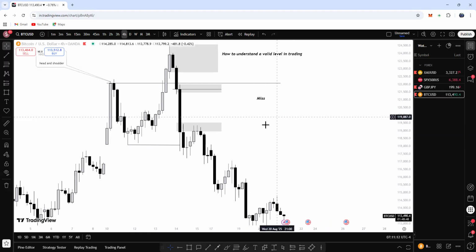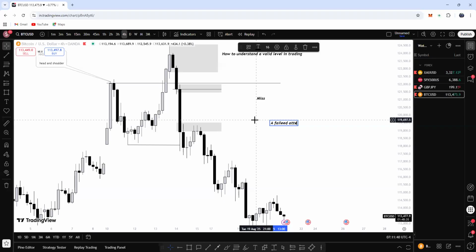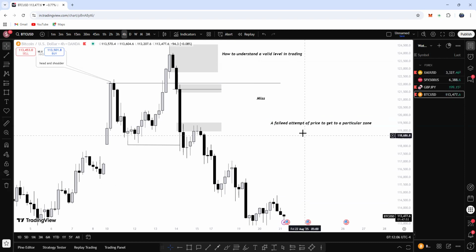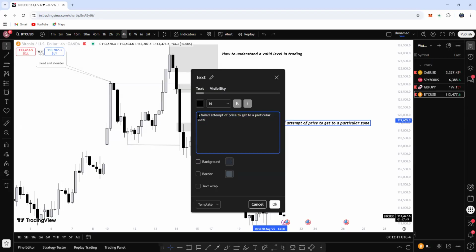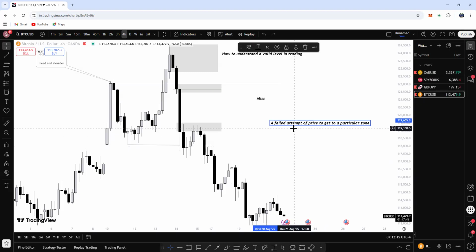Miss is a failed attempt of price to get to a particular zone. So this is miss, sorry. It means a failed attempt of price to get to a particular zone.